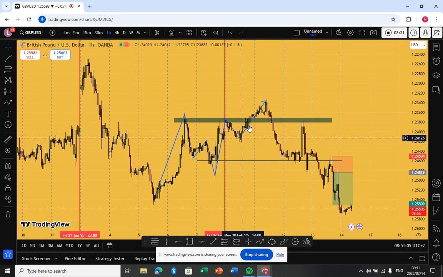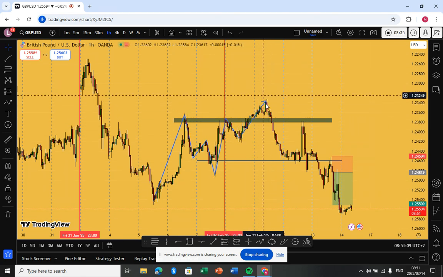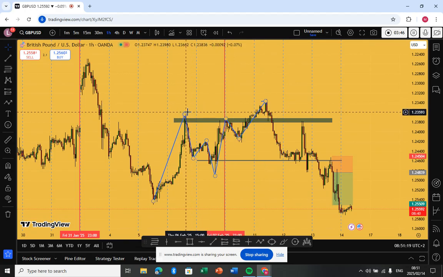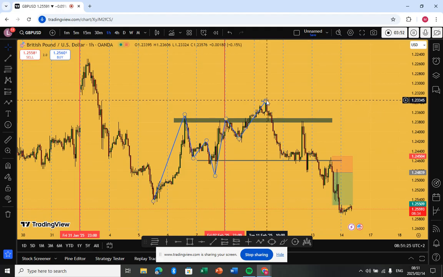Now, overall, when you look at this market from this point, when it reacted from this point, you can conclude that the market was in bullish momentum, because it broke this high. Now it created a high and a higher low, and also created another high.